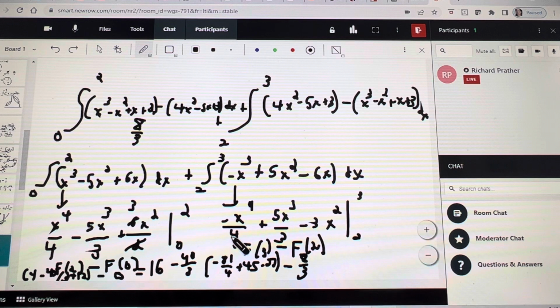Oh, I see, wait a minute. No, negative, that's it. Negative x to the third, negative x to the fourth over 4. 5x cubed over 3. Okay, so 3 to the fourth is 81 over 4. 3 cubed, 27, divided by 3 is 9, times 5 is 45. 9 times 3 is 27.